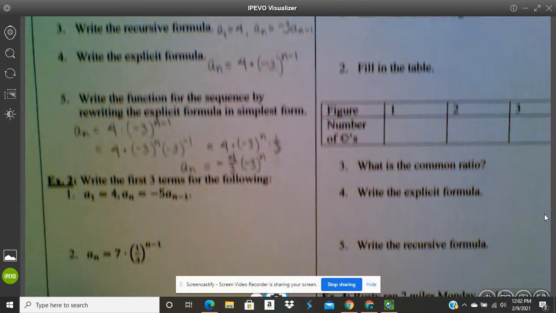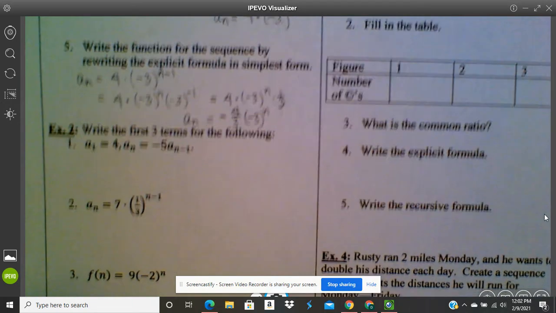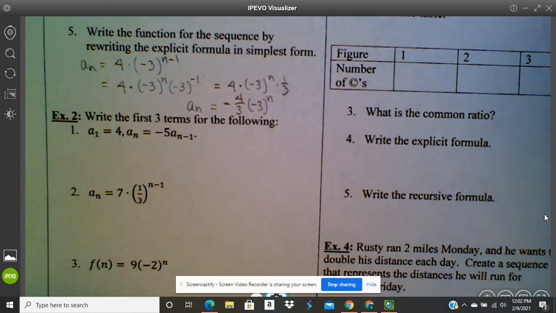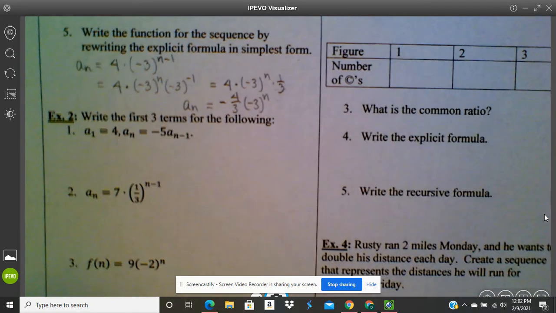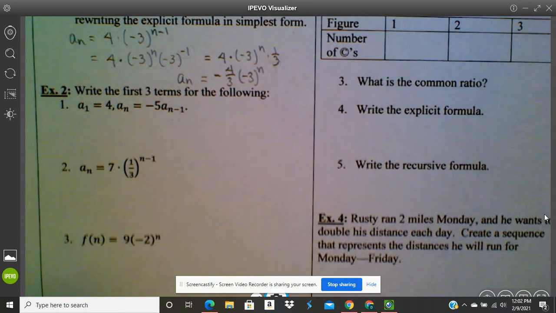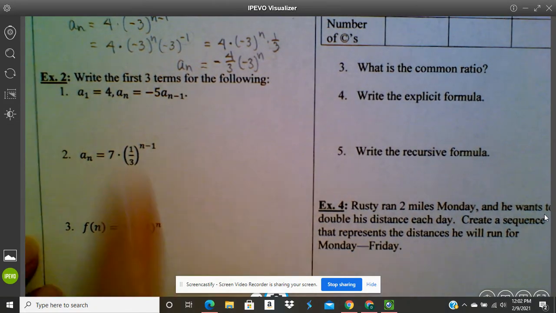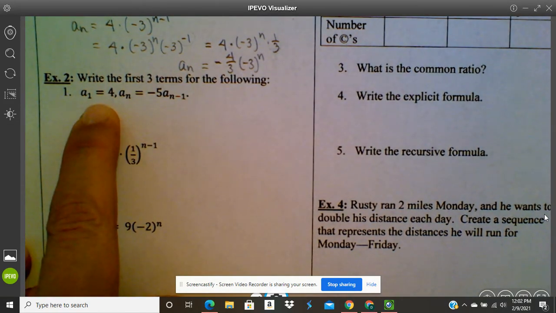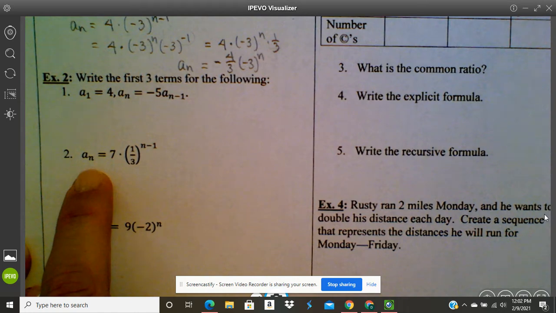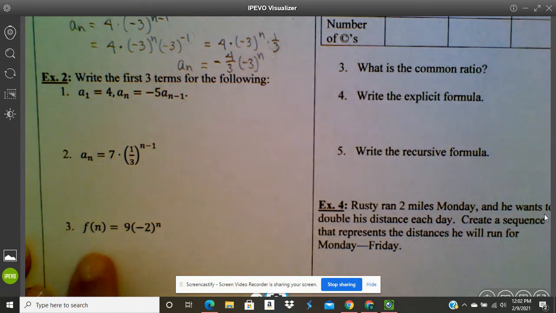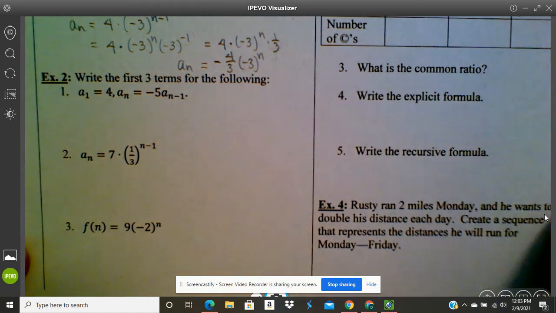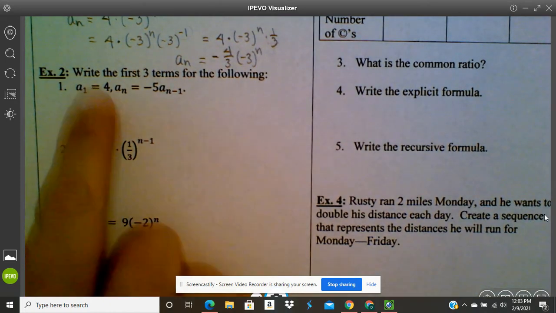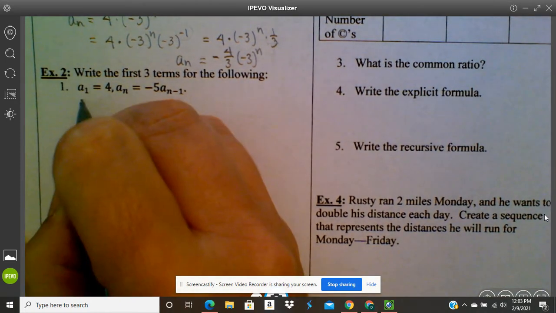All right, so now that you've written an equation given a sequence, I want you to give me a sequence given the equation. So I've got a recursive form of an equation, an explicit form of an equation, and a function form of an equation. So let's go through these. Here my first term is 4.